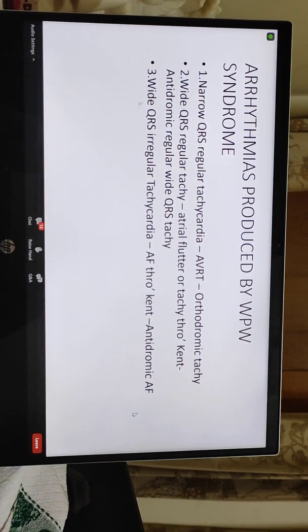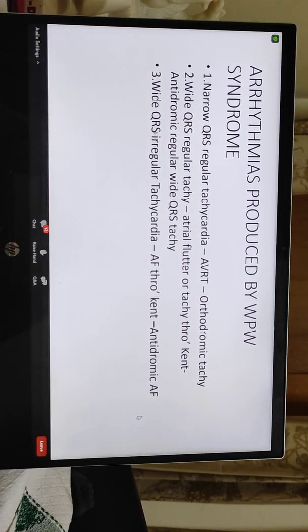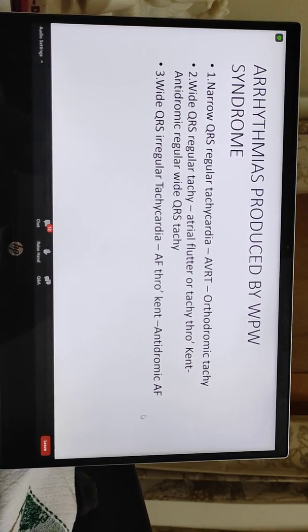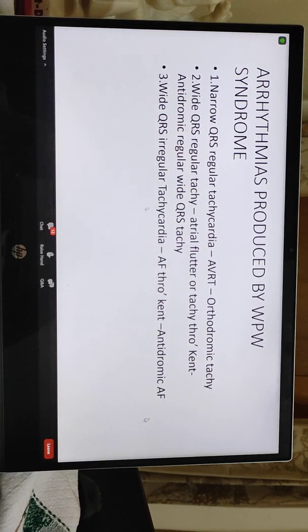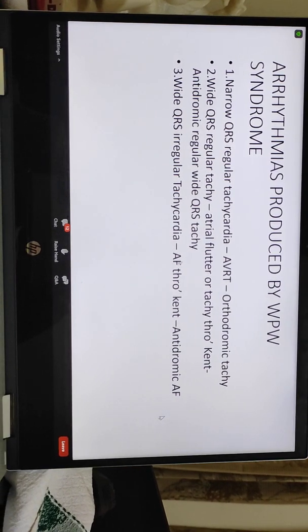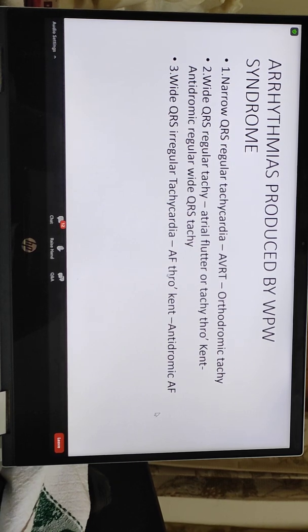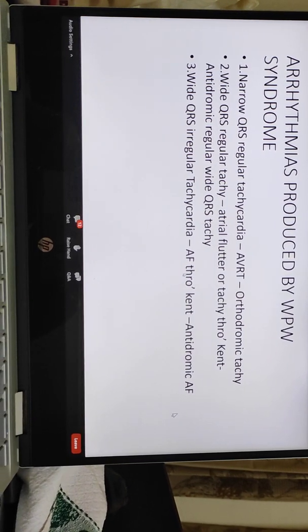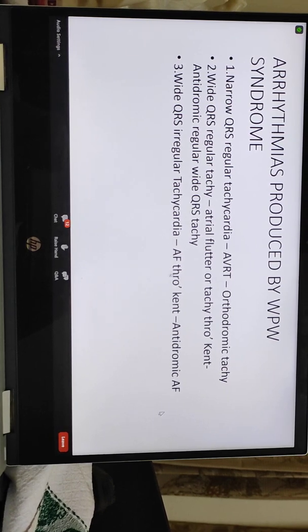The most dangerous type of tachycardia you can have in WPW syndrome is wide QRS irregular tachycardia, where your supraventricular tachycardia is irregular and fast, which is atrial fibrillation. When the patient has atrial fibrillation, the majority of impulses will go through the accessory pathway, which does not have the protection of the AV node, which blocks certain impulses and allows certain impulses to the ventricles.